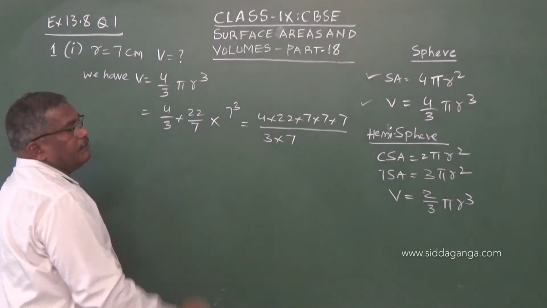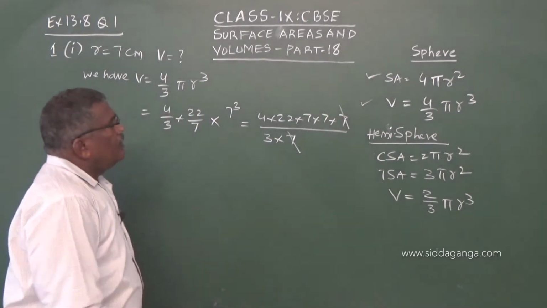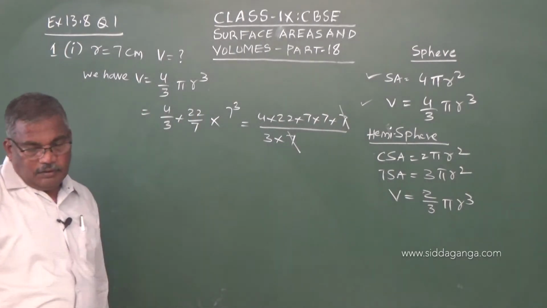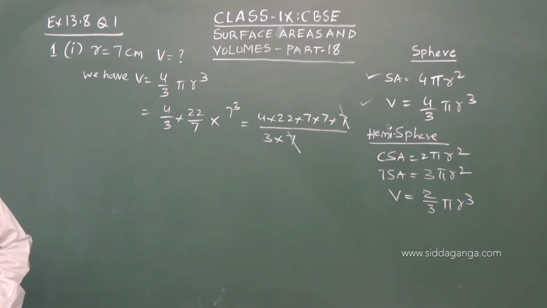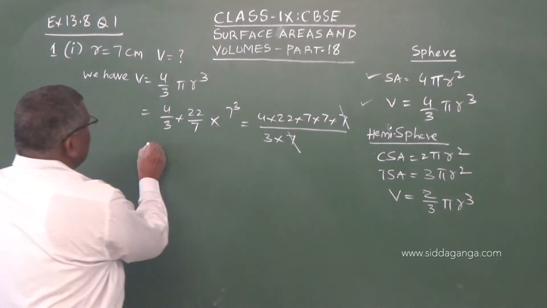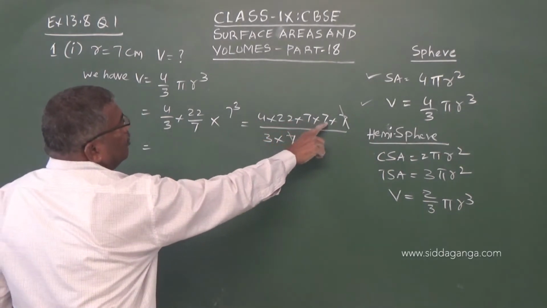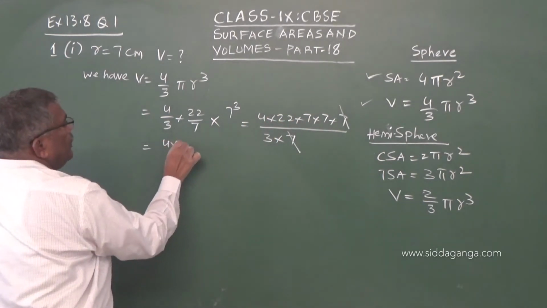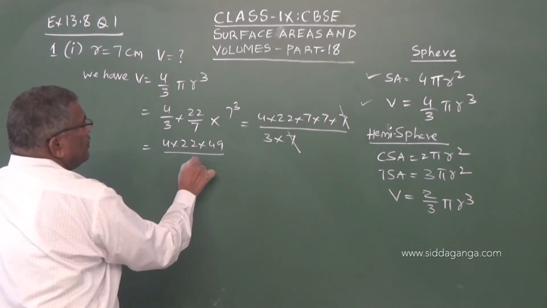So this 7 and one 7 get cancelled. So you will get 4 into 22 into 49 by 3.